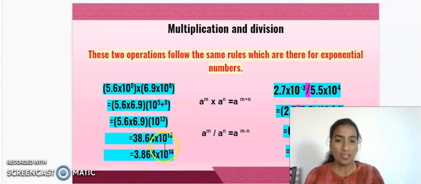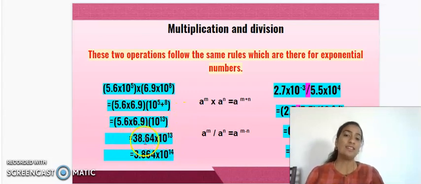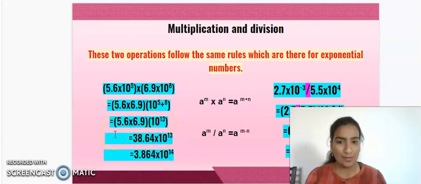So after multiplying the coefficients, the answer is 38.64 into 10 to the power 13. And 38.64, is that expressed in scientific notation? No. We know in scientific notation, the coefficient varies from 0.0 to 9.99, which is not like this.